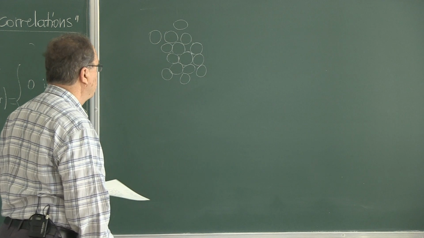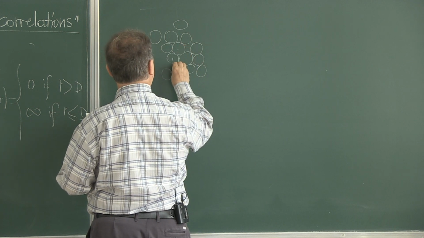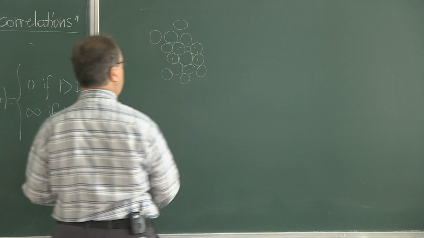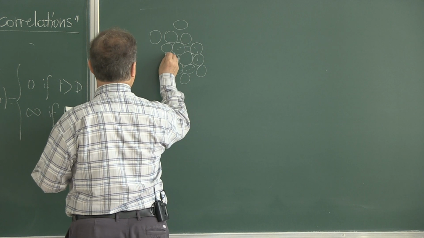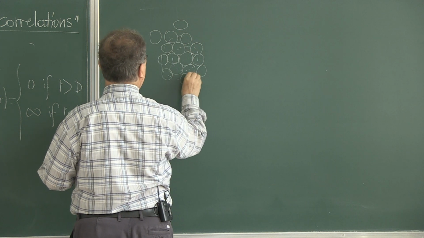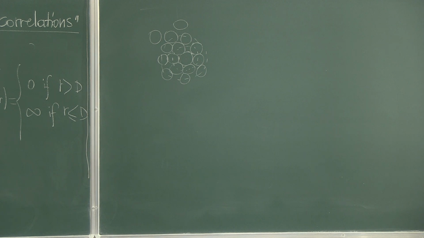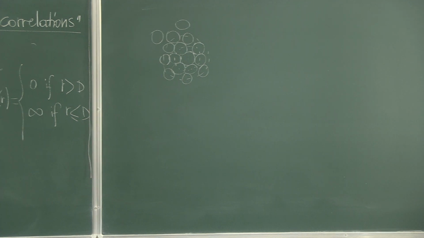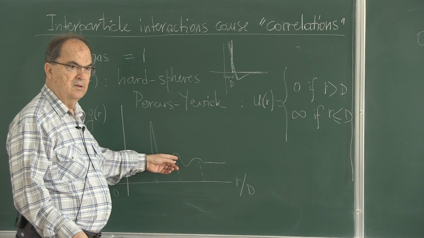Something like this. So you have a central atom, you have the first peak at that position, and you have another peak, isn't it? You have another peak at that position. So first peak, bigger peak, closer to the atom. Next peak, a little bit further away, like 2D or something.